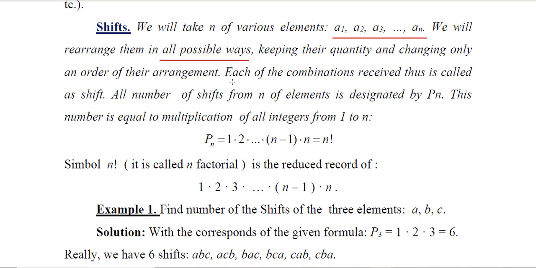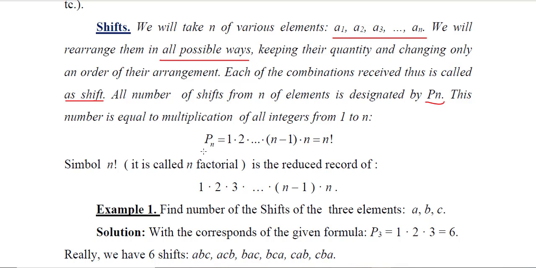Each of the combinations received thus is called as shift. All number of shifts from n of elements is defined by Pn, index n. This number is equal to multiplication of all integers from 1 to n. This is definition of shifts.